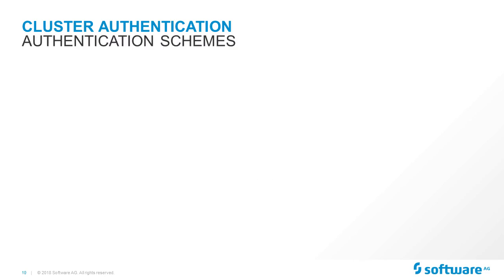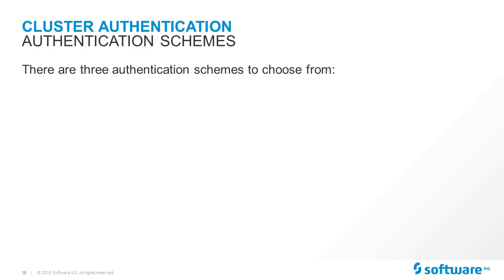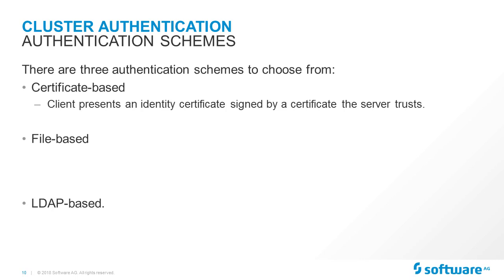Now there are three different authentication schemes that you can use when you're configuring authentication for a cluster. You could use one based on certificates, but there's also one that uses files, and another one that allows you to configure LDAP. With certificates, the client passes an identity certificate to the server, and the server checks that that certificate is one that it can trust.